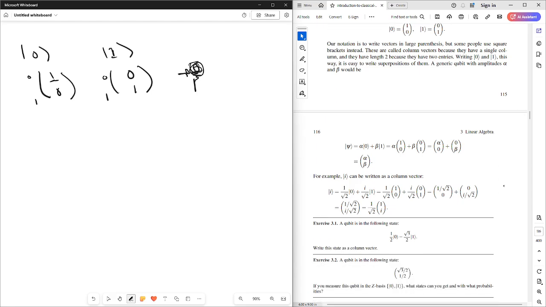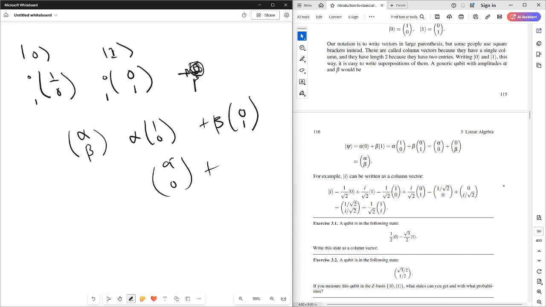So we can write our amplitudes as a column vector as well. They have a little thing there on page 116 that shows that breakdown of alpha times state 0 plus beta times state 1 in column vector form, and we wind up with alpha, beta.